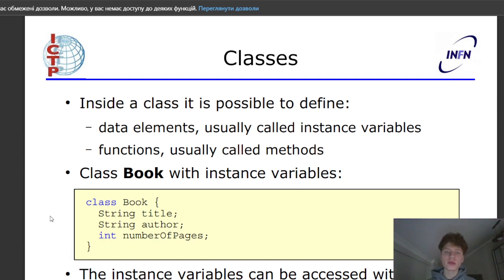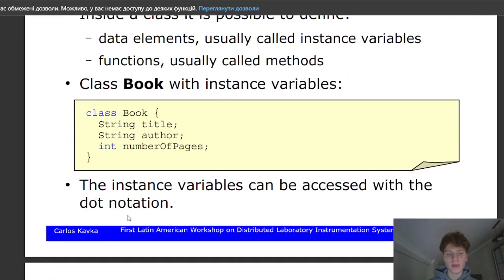Data elements are usually called instance variables. Functions are usually called methods. Class Book with instance variables. The instance variables can be accessed with the dot notation.